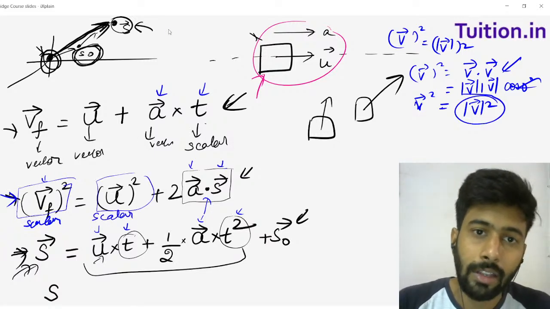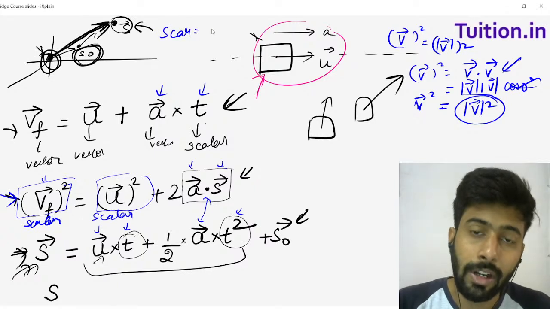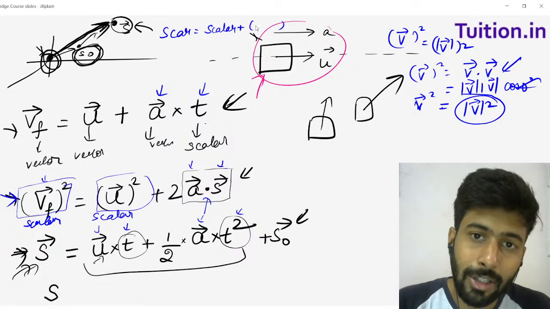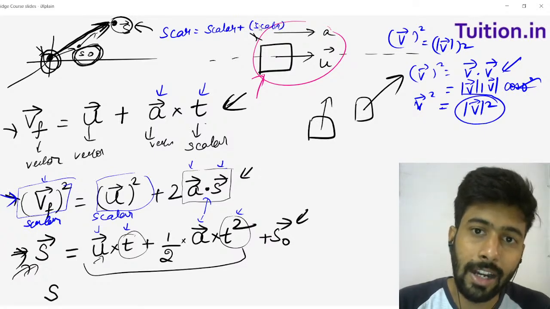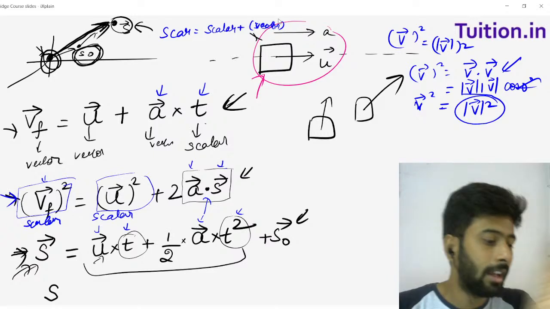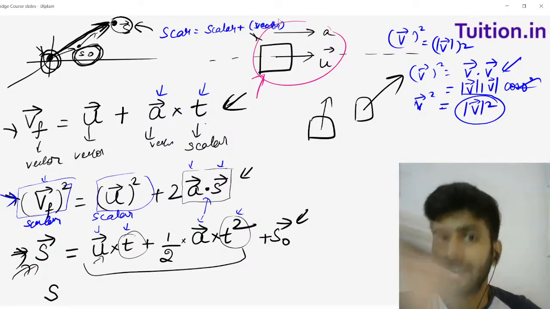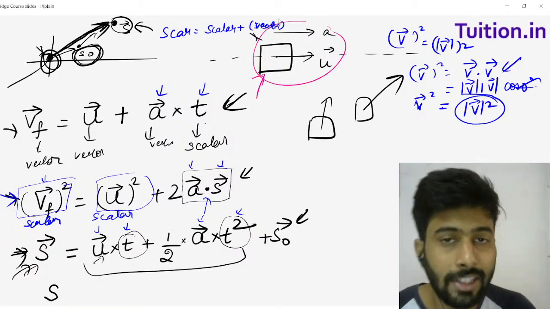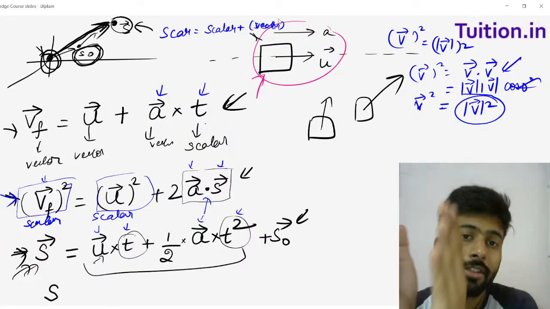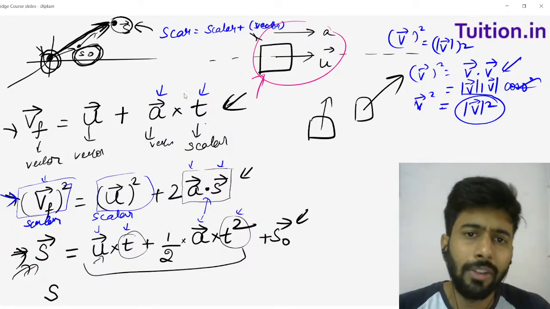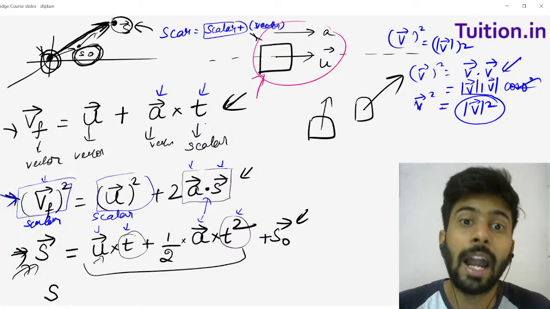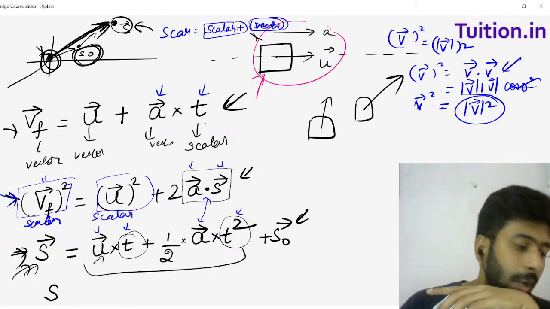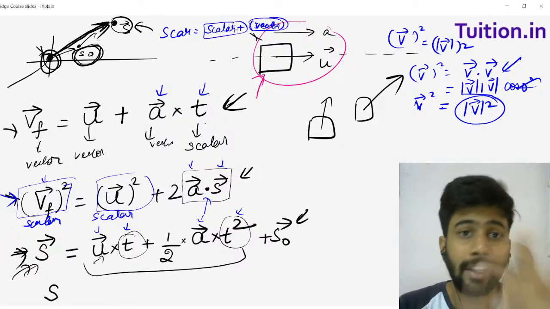Now if your LHS is a scalar and one term of your RHS is a scalar, then the other term also has to give you a scalar only. This can't be a vector, because the equation will become non-consistent. Your LHS is going to be a scalar, whereas your RHS will be a scalar plus vector, and you guys know that scalars and vectors can't be added. Have I given you any operation in vectors where scalars and vectors are added?